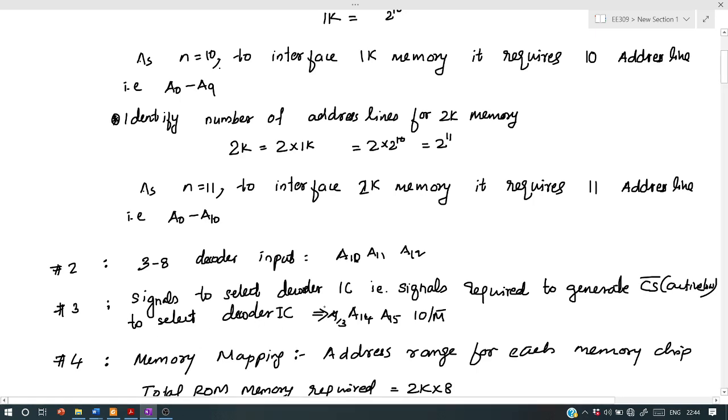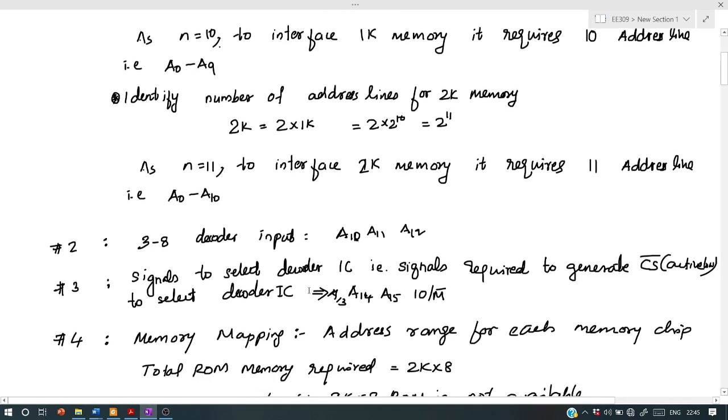Up to A12 of the address lines of 8085 is already used. So the remaining address lines are A13, A14, A15. Along with that, we need to use the IO by M bar signal in order to generate this active low signal to select that decoder IC. Let's see all these things in detail later.